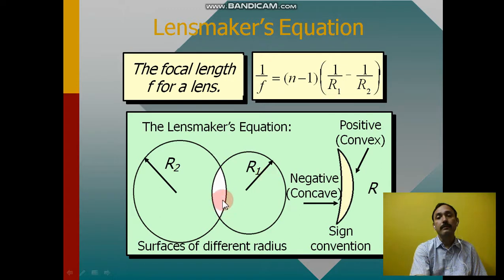R1 is the radius of curvature for this curvature. So for this one, this is R1.